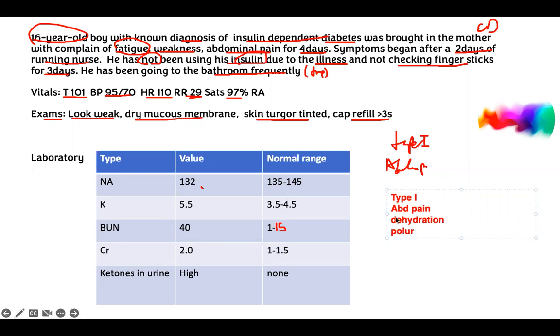Polyuria, so he's going to the bathroom a lot. And symptoms of dehydration, tachycardia, hypertension, all of them. He had a sick day problem, and he has no insulin. Okay, so I've synthesized everything, and all his lab work tells me he has ketones in his urine.